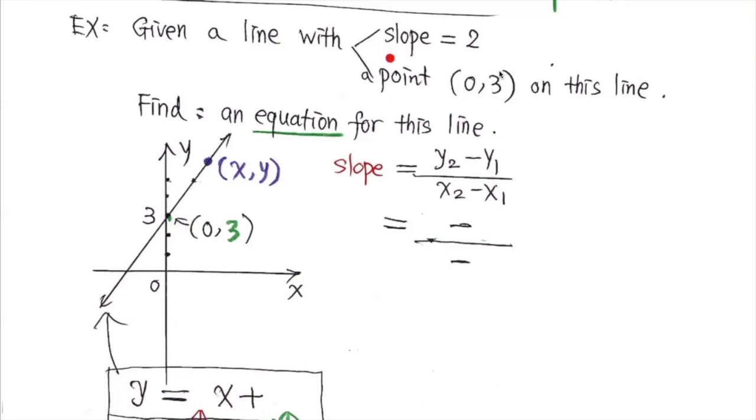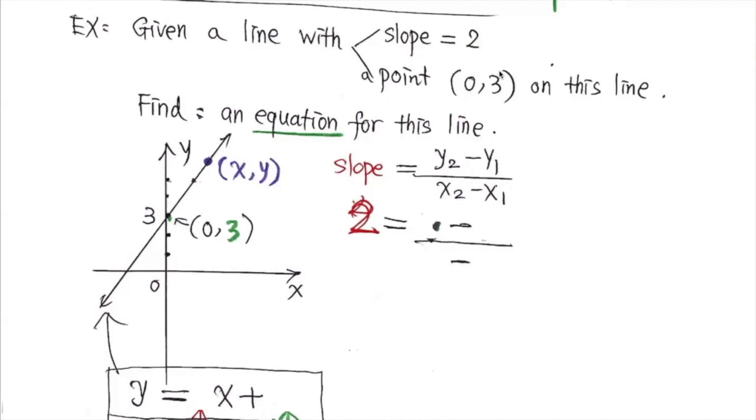We're given the slope equal to 2. We know slope is equal to y2 minus y1 over x2 minus x1. So we have this point given, and this is any other point on the line. We are using these 2 points to express the slope. So the slope is going to equal 2.